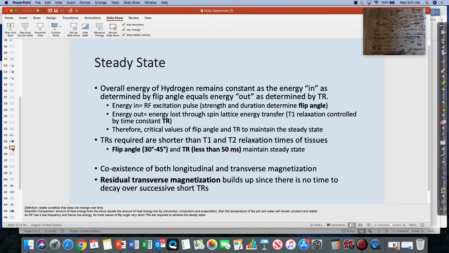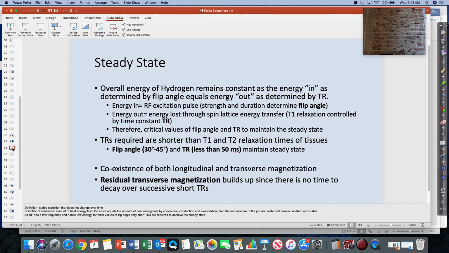In the steady state, to get maximum signal when we have a really short TR, we have to reduce our flip angle. We put our flip angle at about 30 to 45 degrees to get maximum signal for a steady state. So we apply energy into the patient, we flip it 30 to 45 degrees, we have some transverse magnetization, but we still have some longitudinal magnetization.